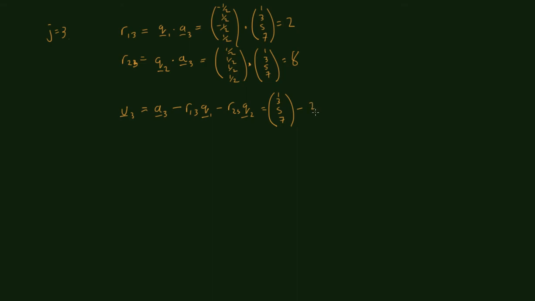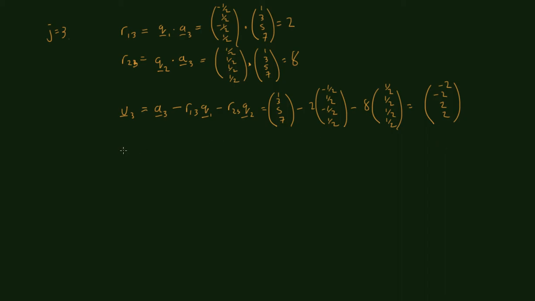R13 is 2, and that's multiplied by Q1, which was minus a half, minus half, and a half. That's minus R23, which is 8, and that's multiplied by all the halves. Okay, so if we do that, we get minus 2, 2, and 2.